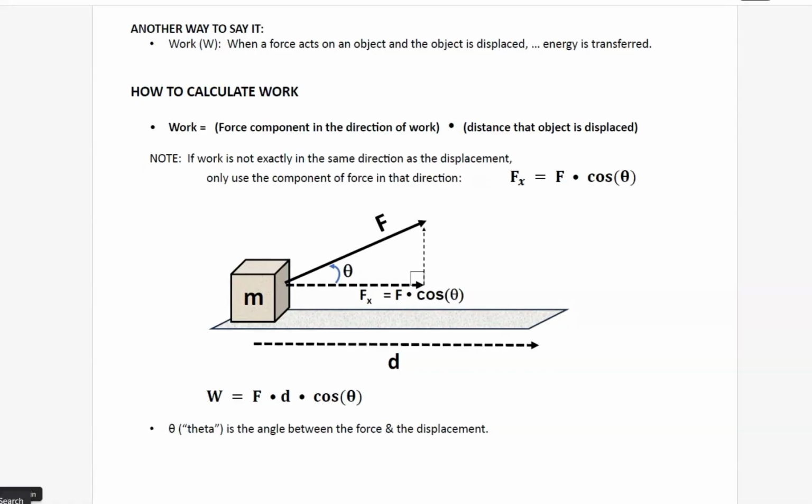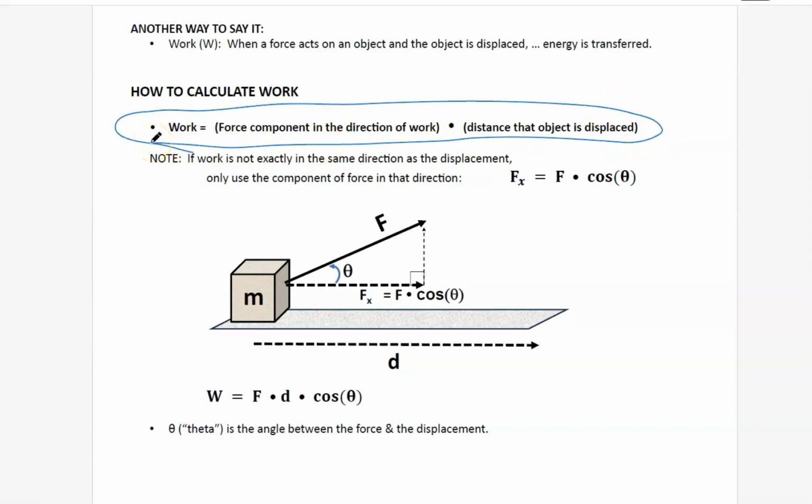So here is our formula in words. The work is the component of force in the same direction as the movement, times the distance the object is displaced. All right, so what do you do if the force is at an angle, or the force is just not in the same direction as the movement of the object?